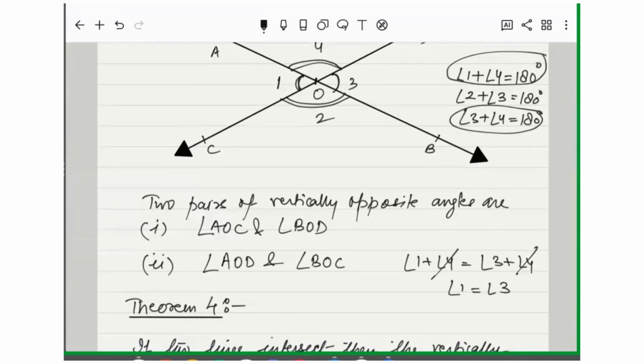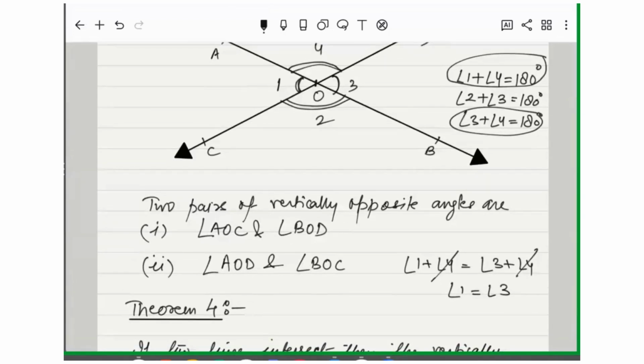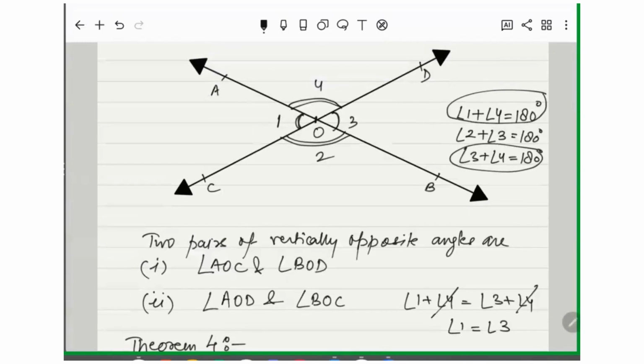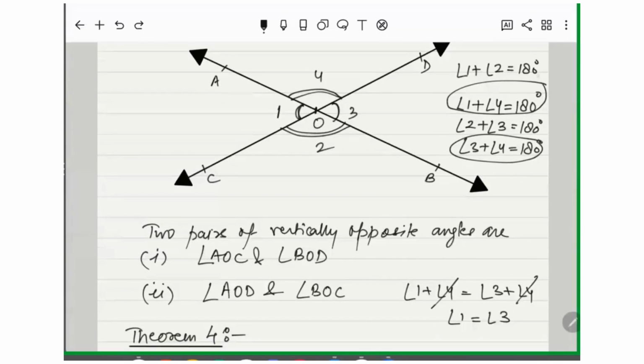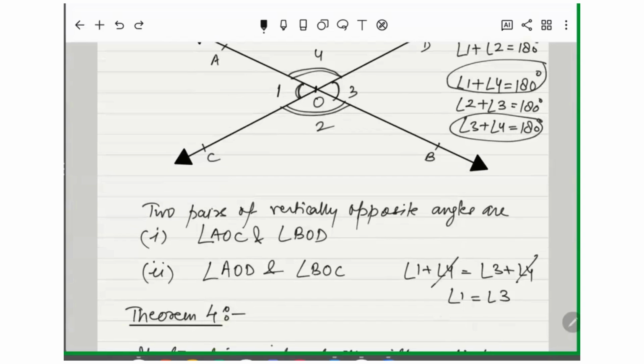Okay. Similarly, for the other one, angle 2 plus angle 3 is 180 degrees. Similarly, angle 1 plus angle 2 is also a linear pair of angles. Angle 1 and angle 2 is 180 degrees, right? This and this, because OC stands on the straight line AB, right? Now again, angle 1 plus angle 2 is 180 degrees, and angle 2 and angle 3 is also 180 degrees. So can we equate them? So we can write angle 1 plus angle 2 is equal to angle 2 plus angle 3, right?